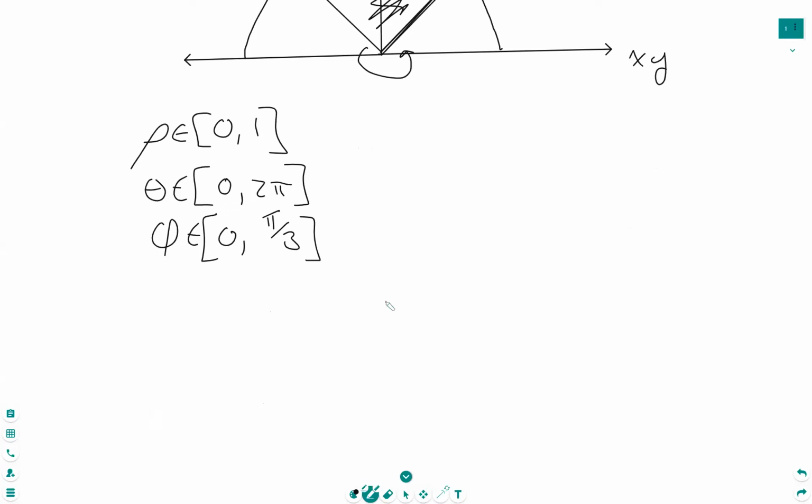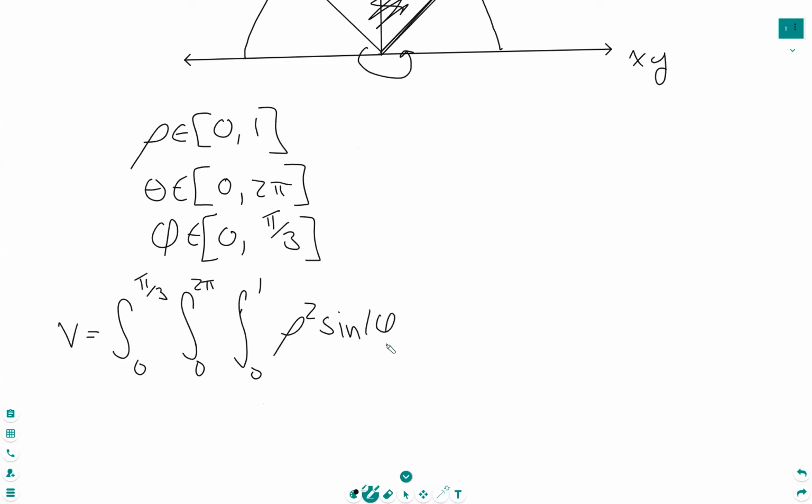So this is another spherical wedge, and our volume is 0 to pi over 3, 0 to 2 pi, and 0 to 1. Can't forget my sine phi and my rho squared. d rho, d theta, d phi.